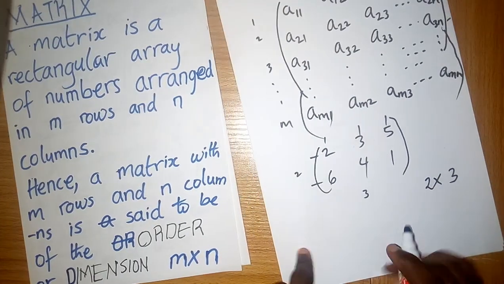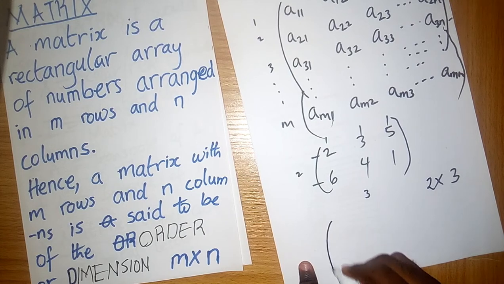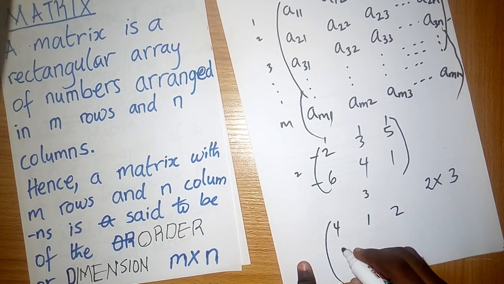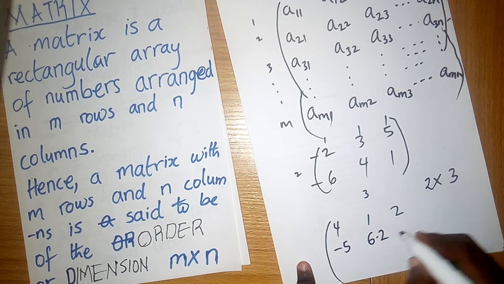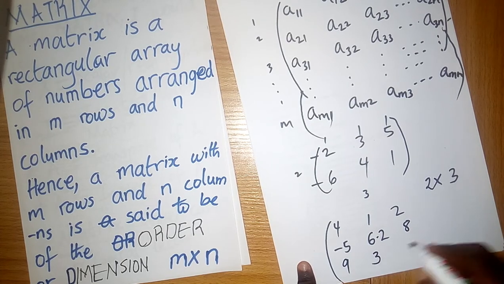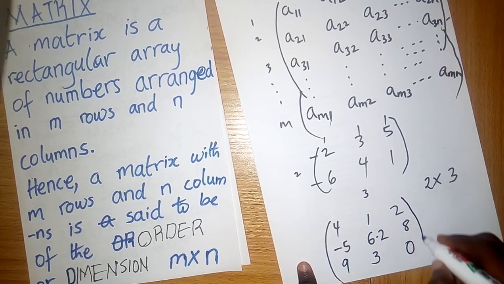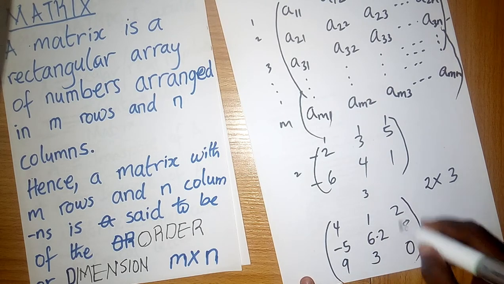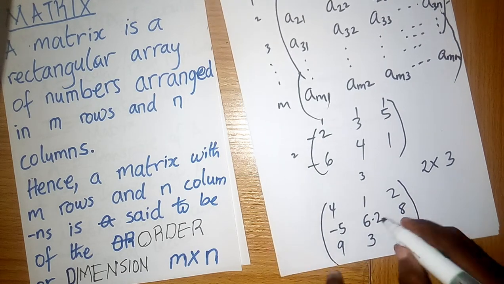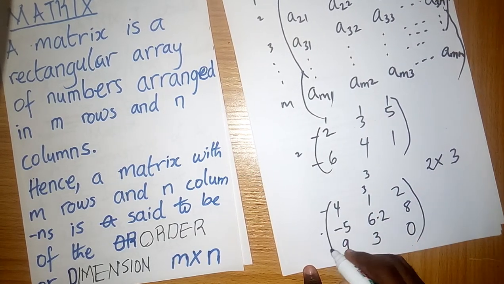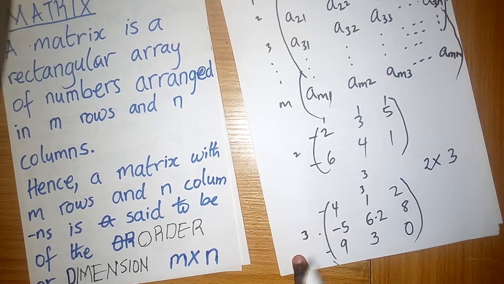Now if we have 4 1 2, then minus 5, 6.2, 8, and then we have 9 3 0, you see there are 3 columns and 3 rows.